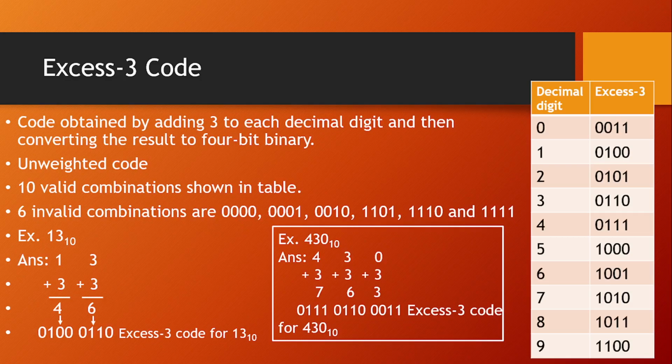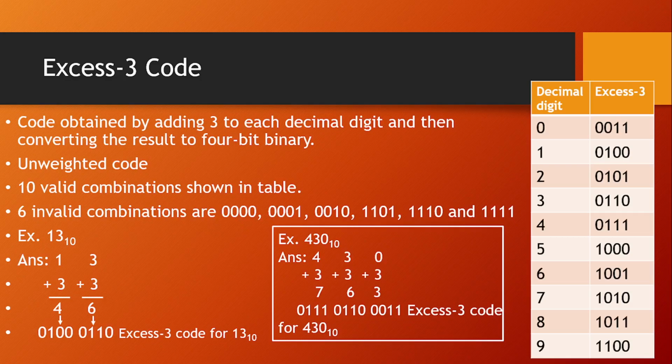So what is XS3 code? You take a decimal number and add 3 to each decimal digit, convert this obtained decimal sum to a 4-bit binary, and do it for each obtained digit in the sum.